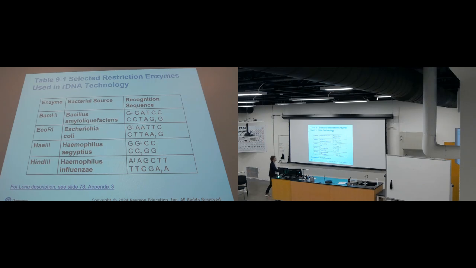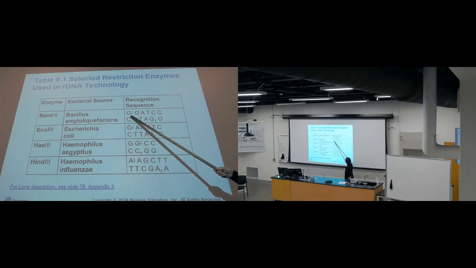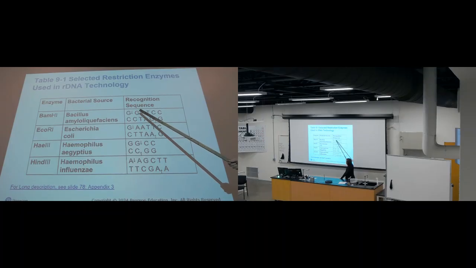So here we have the recognition site for BamHI. It cuts this site between two Gs, and this G is followed by ATCC.